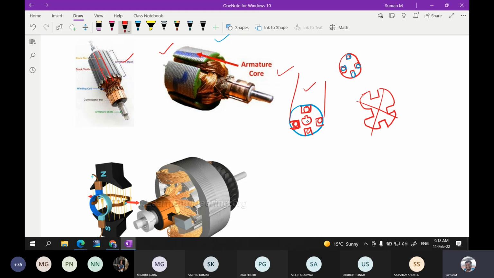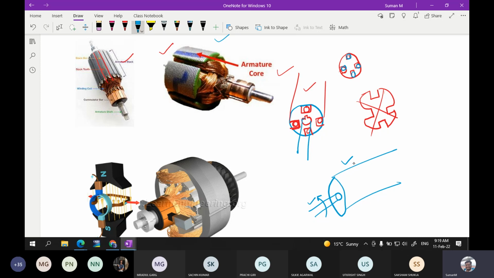Then there is a shaft which is connecting this terminal, this cylindrical part. In the complete cylindrical part, they have cut at the center and they are going to have a shaft here. So whenever this shaft rotates, the complete cylindrical structure will also rotate.